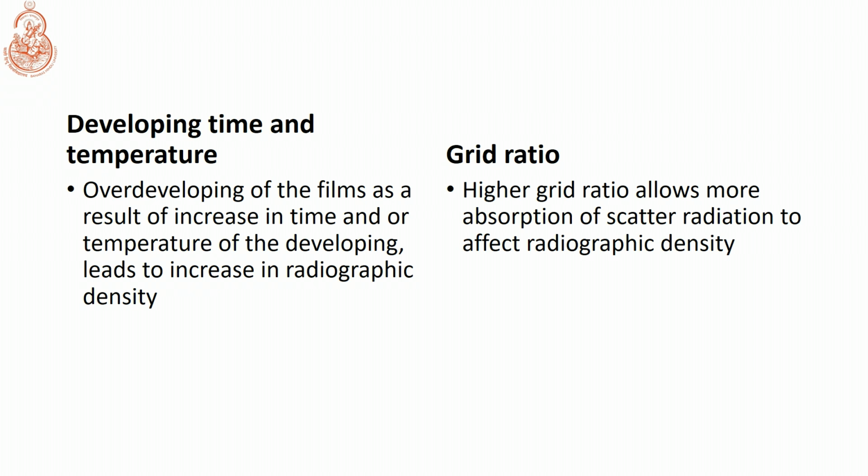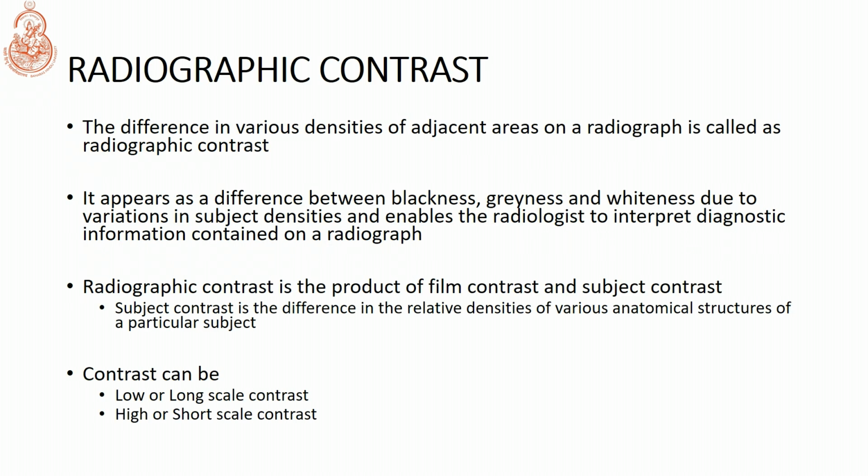I shall maintain the temperature of the solutions in the proper way, so that I can have a good dense radiograph. The next is grid ratio. A higher grid ratio allows more absorption of scatter radiation to affect the radiographic density.